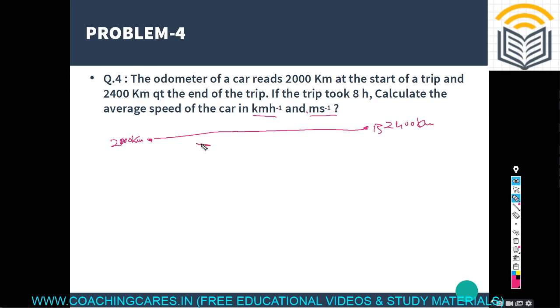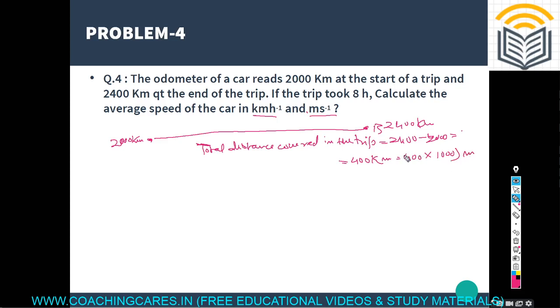So the total distance covered in the trip is equal to 2400 minus 2000, which is equal to 400 kilometers, or which is equal to 400 into 1000 meters.